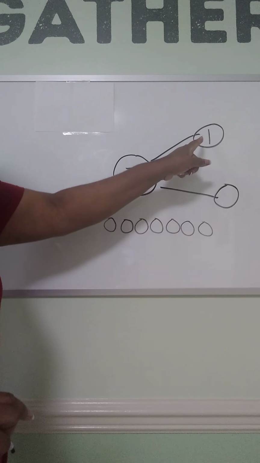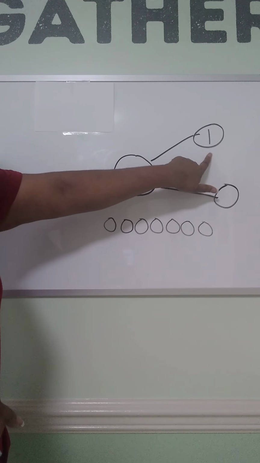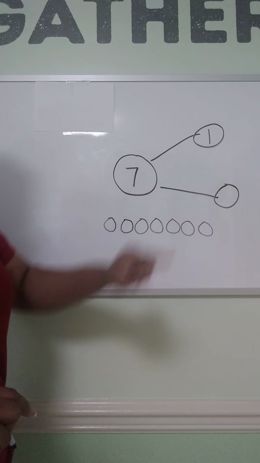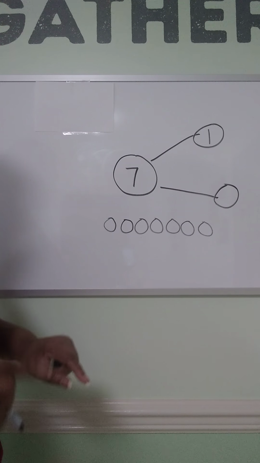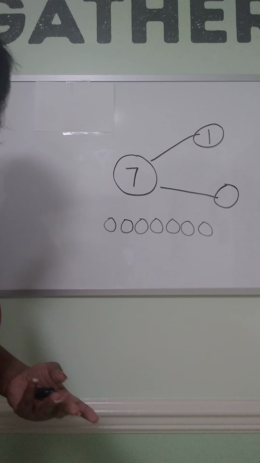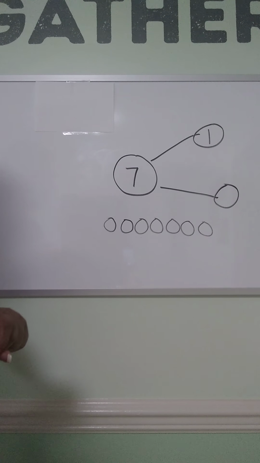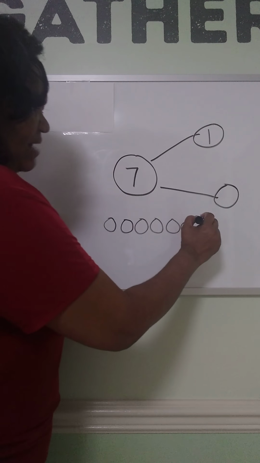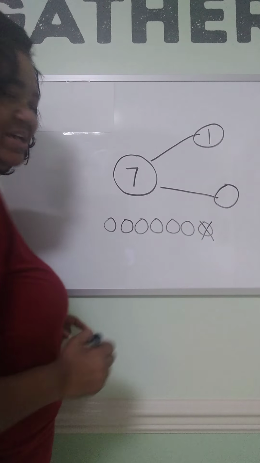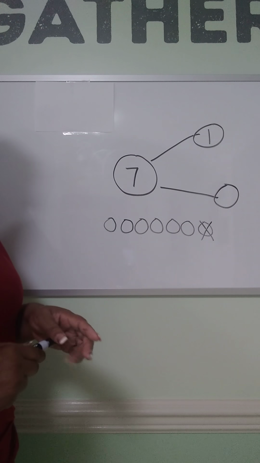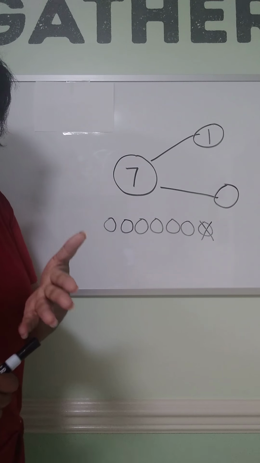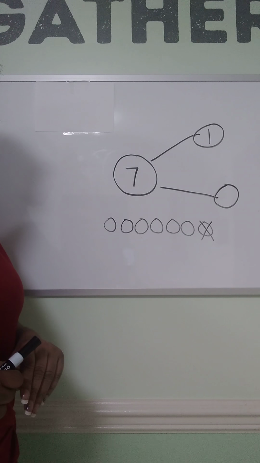Okay. Now we're going to take away, what number is that? That is 1. So if you're using your fingers, you take away 1 finger. I'm going to X one of my circles out. So you can use your fingers, and I'm using circles.